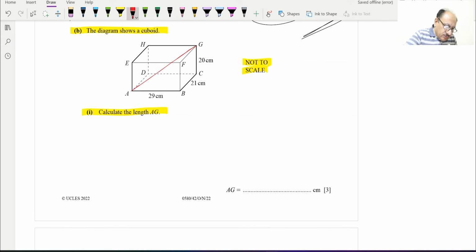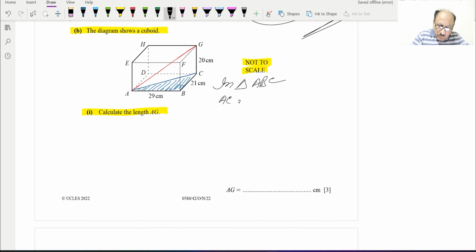We can join A with C, and this will be AC. And to find AC, this is the right angle triangle. We will be applying Pythagoras theorem on this triangle, which is ABC.